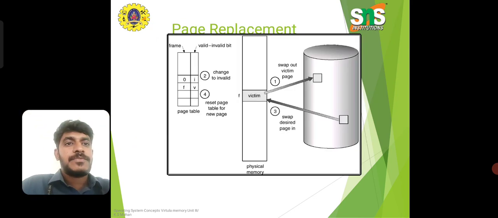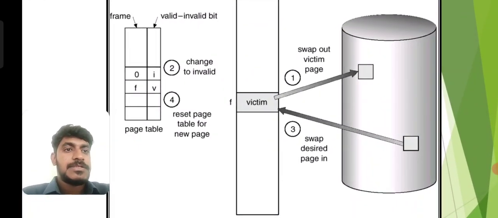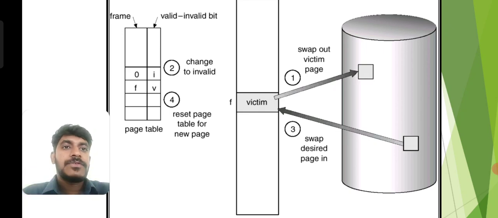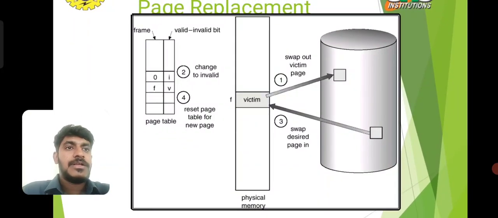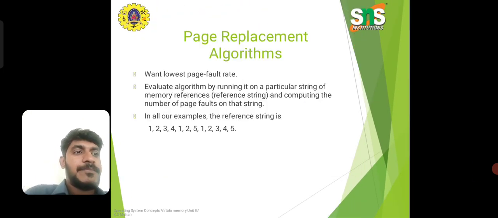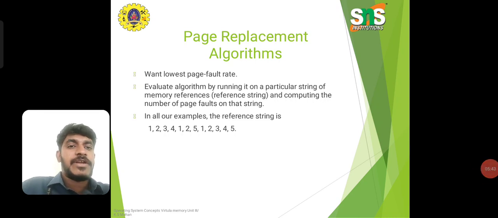Page replacement involves victim pages: swap the desired page in, swap out the victim page, change to invalid, and reset the page table. There are different kinds of page replacement algorithms available.